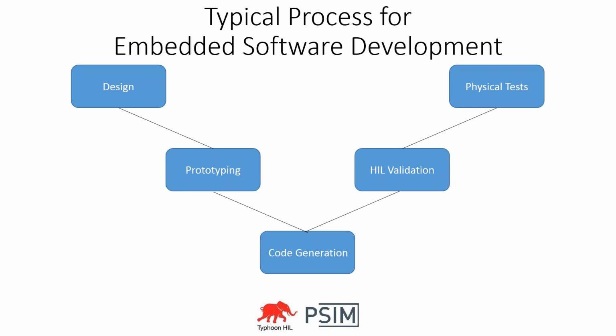You'll be generating the code onto that Texas Instruments platform, and then you validate those results using various testing methods. For this one, we're going to use HIL. And then after you do all those steps, you do physical testing last. That's with the real hardware controller once you have that controller ready. This enables you to do your software testing before you actually have the physical hardware in your hands. So you can test your code and make sure that it's robust before you even put it on to your real embedded platform.